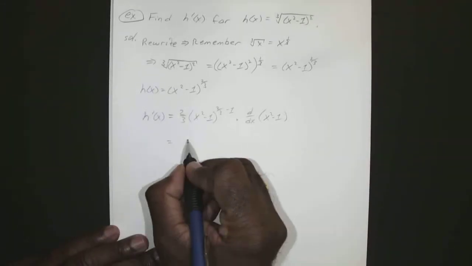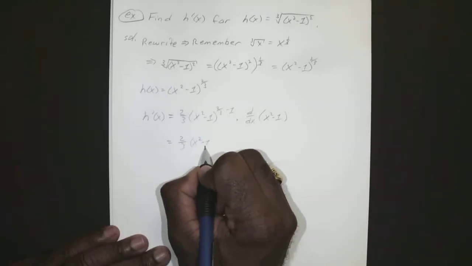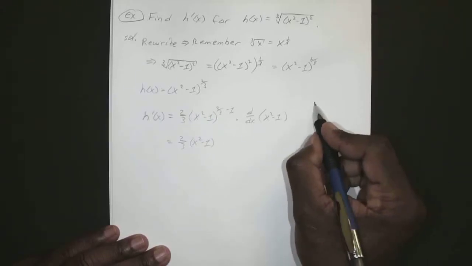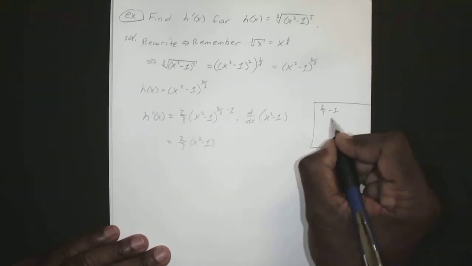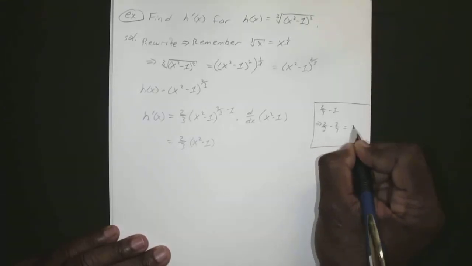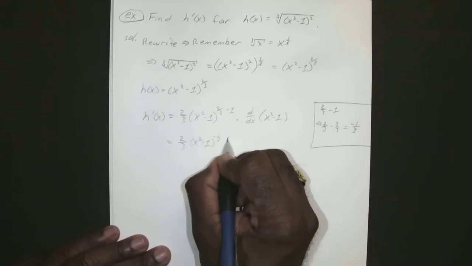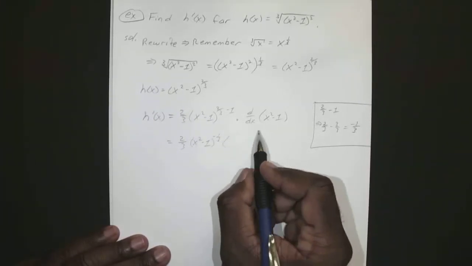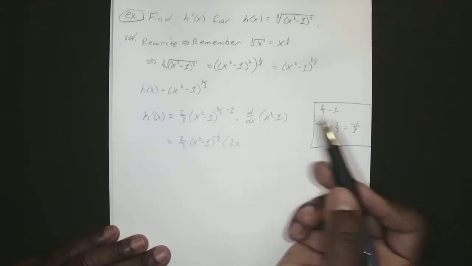That gives us 2/3 times x squared minus 1 to the 2/3 minus 1, remember that's just 2/3 minus 3/3, which is negative 1/3, times the derivative of x squared, which is 2x, and derivative of negative 1 is just 0.